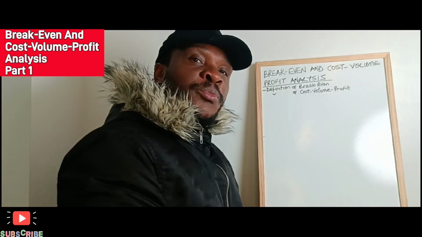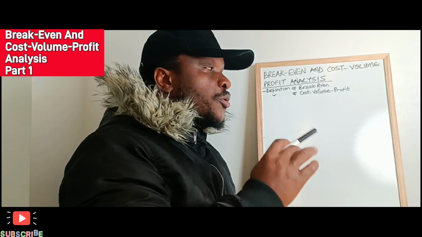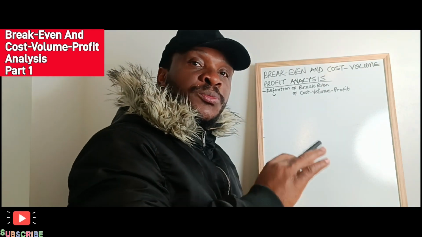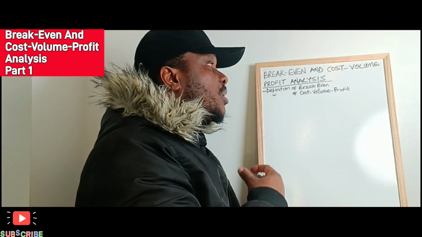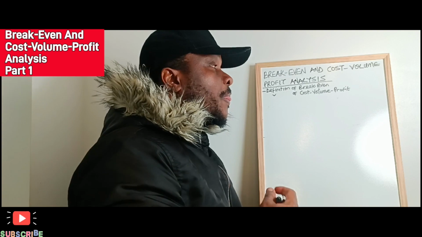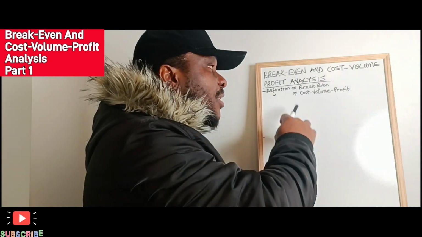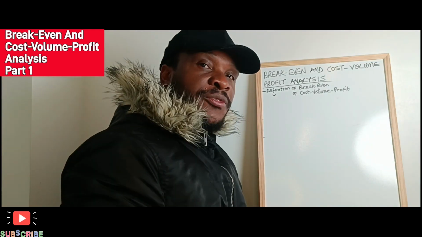What is volume? Volume refers to unit produced or sold. Later on in this video, you will get to see how volume, or unit produced or sold, interrelates and affects cost.